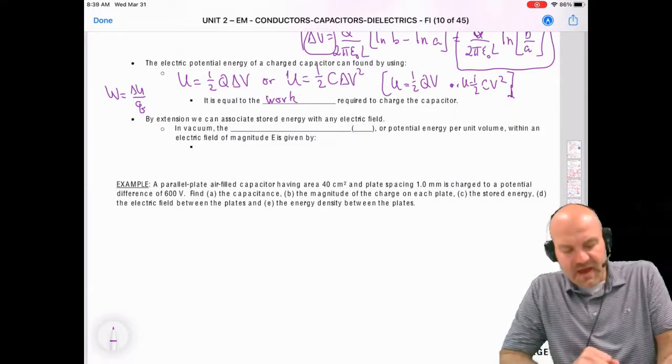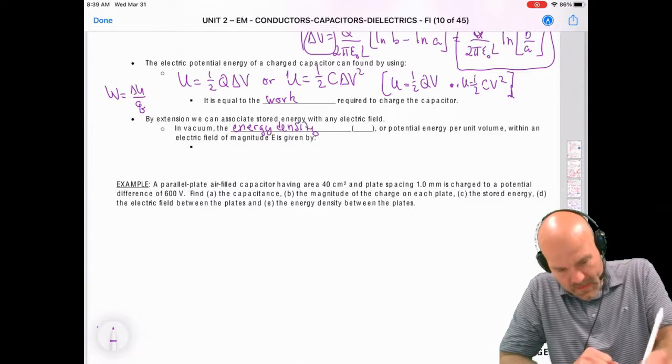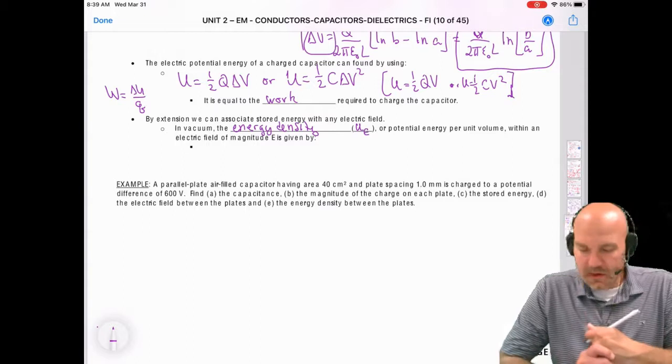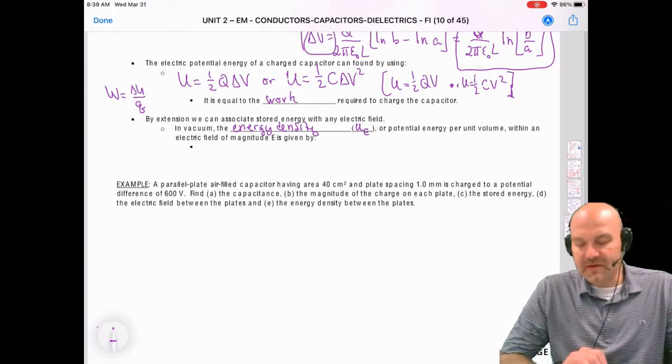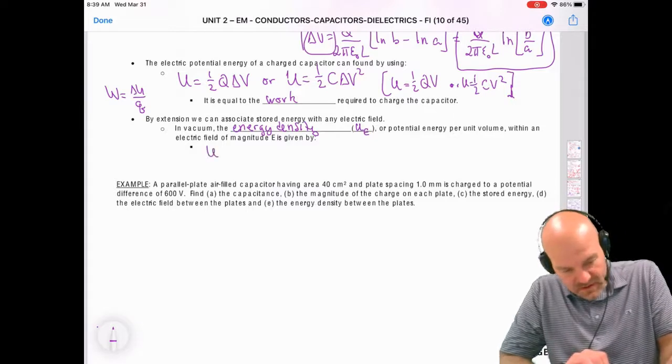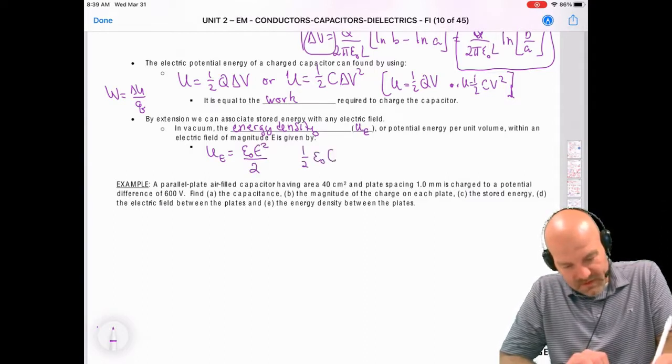So in a vacuum, the energy density, which is given the symbol lowercase u sub e, or potential energy per unit volume within an electric field of magnitude E, is given by u_E equals epsilon naught E squared over 2, or 1 half epsilon naught E squared.